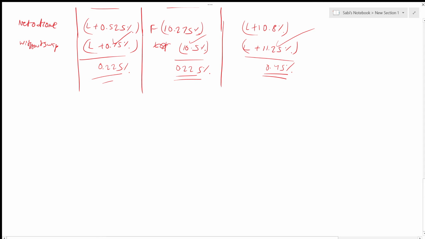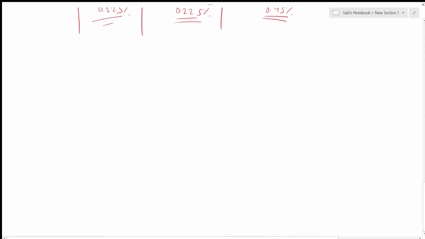Wait a minute. It is how to value, right? How to value interest rate swap. Let me write the topic.